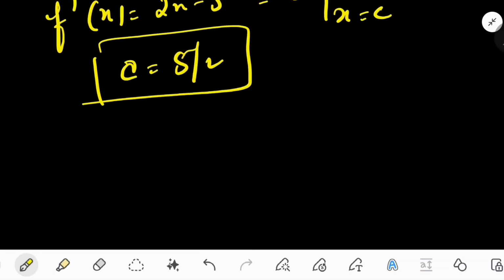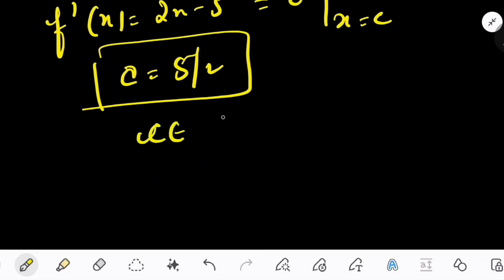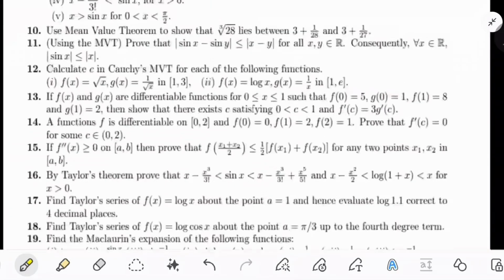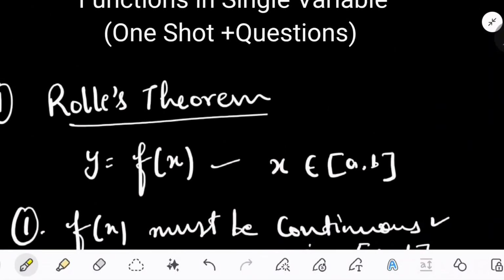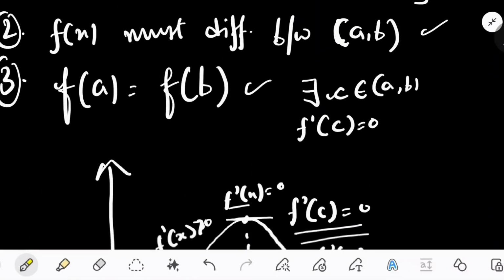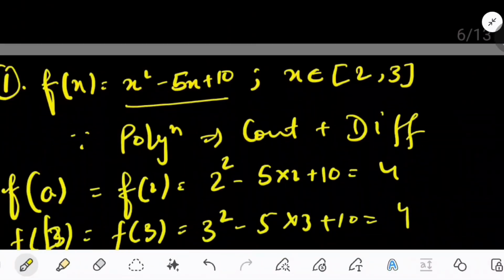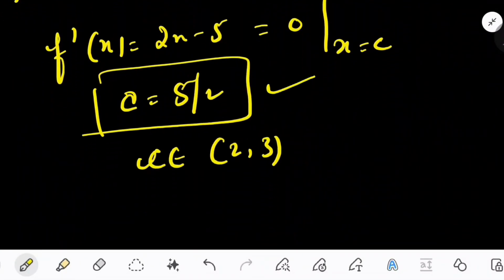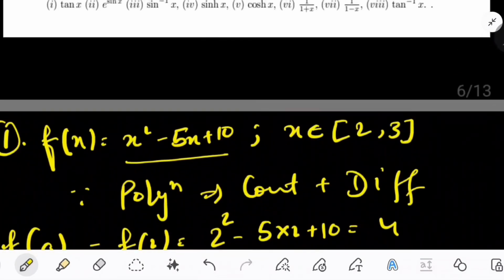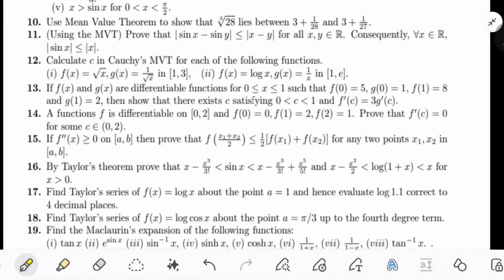And observe that c belongs to 2 comma 3, right? I have written it. So that means there exists a point c is equal to 5 by 2 where the Rolle's theorem is satisfied, right? Hence Rolle's theorem verified.